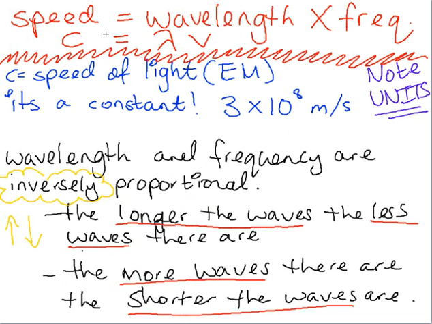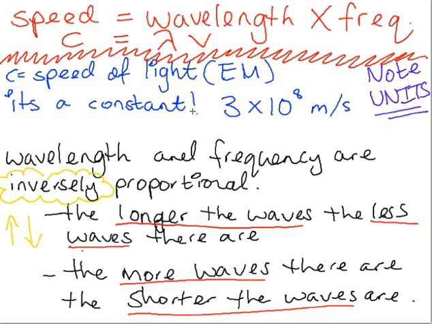So this is quite an important equation that we need to know. When you have a wave, speed equals wavelength times frequency. And when we're talking about electromagnetic radiation, it's basically the speed of light, which is c. And the speed of light is a constant.